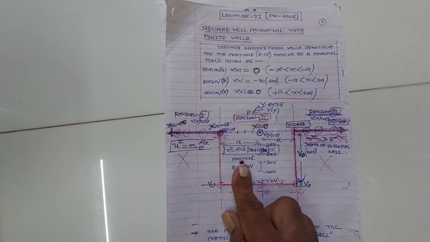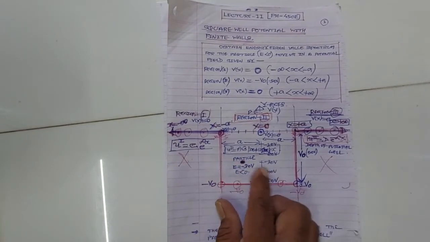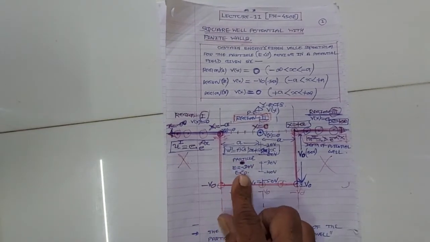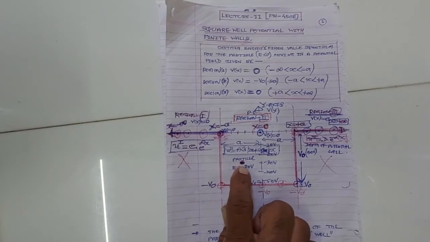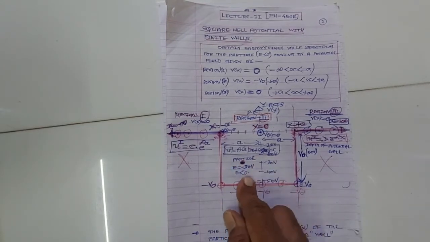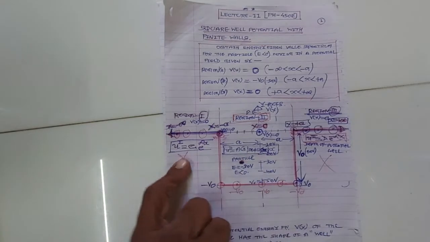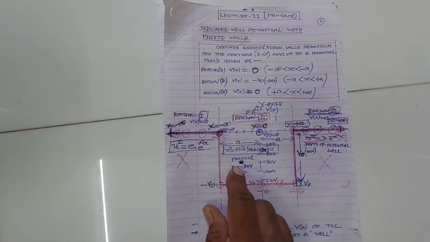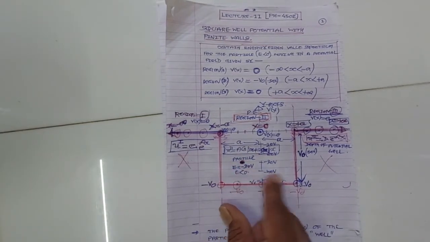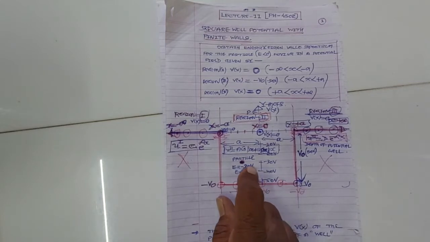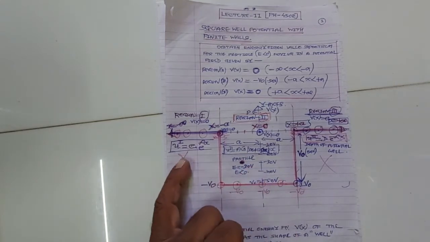Now the particle whose total energy is, suppose, minus 3 electron volt, negative, cannot go into region 1 and region 3. So a particle whose total energy E is negative cannot enter region 1 and region 3.